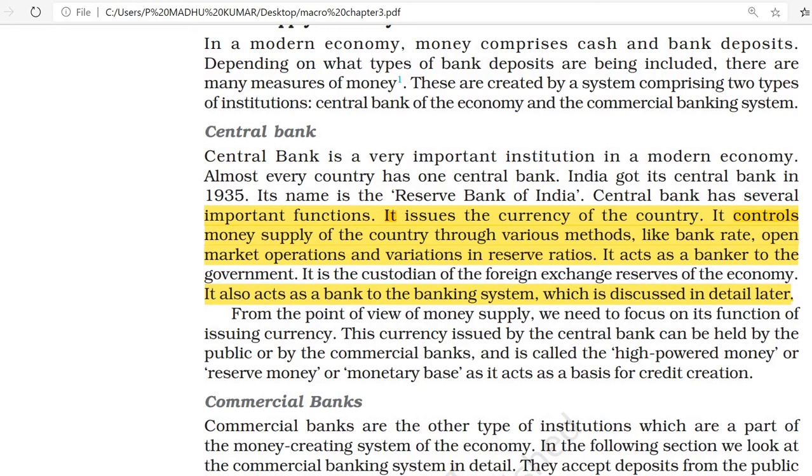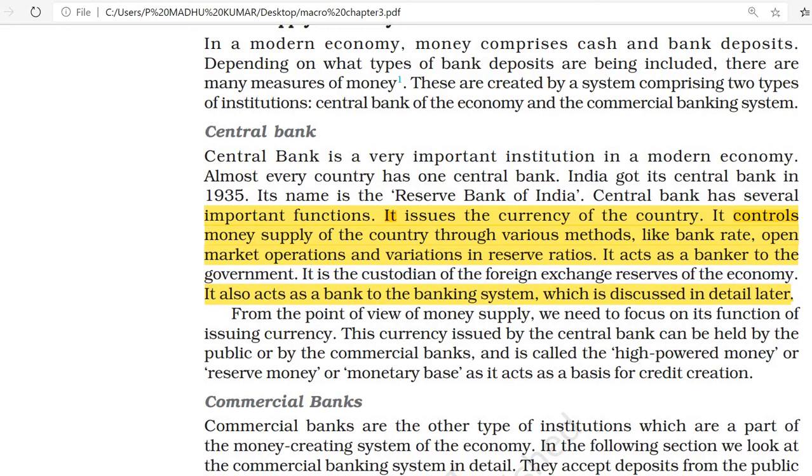The RBI follows the minimum reserve system while issuing currency notes since 1956. It has to maintain some reserve of gold, silver or currency notes. It has to maintain a minimum reserve of rupees 200 crores, of which at least rupees 115 crores must be in the form of gold.